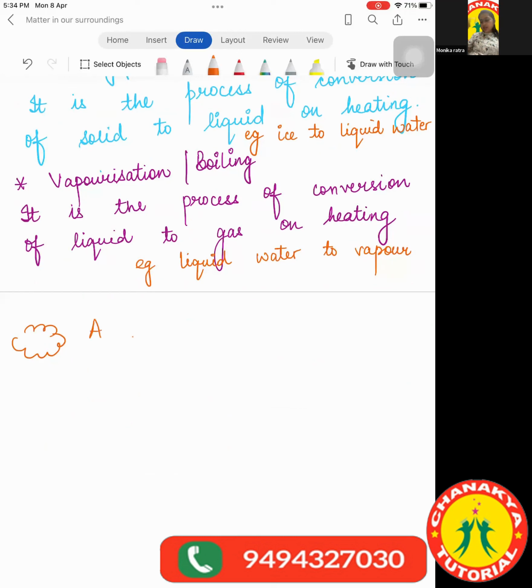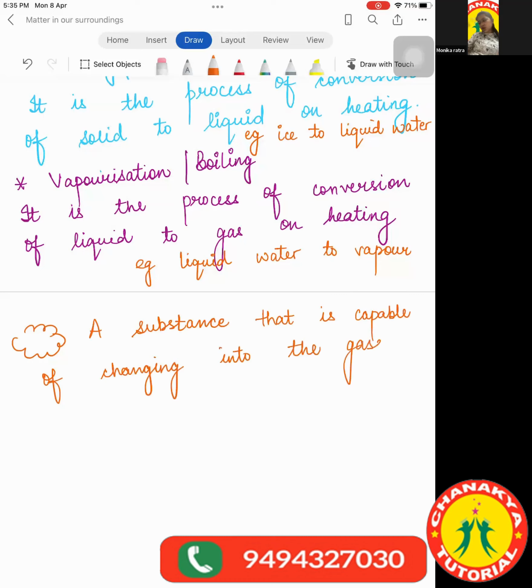So a substance that is capable of changing into the gaseous state is called vapor.